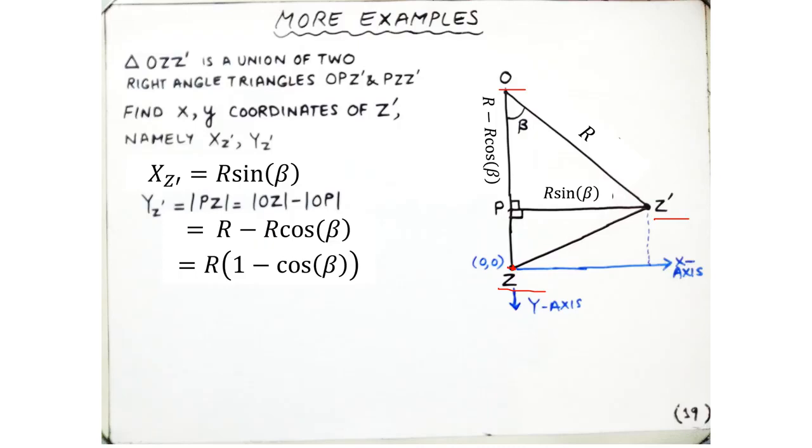Z represents the center point of the planet gear A at its initial position, and Z prime represents the center point of the planet gear A in its final position, and O represents the center of the sun gear.